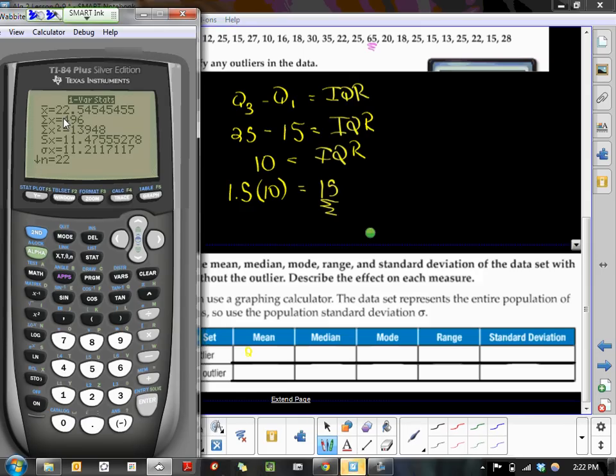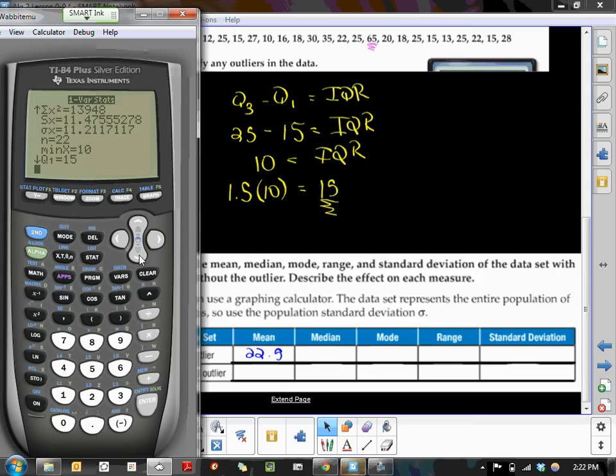I better use a different color. What was the median? So I've got to scroll down and find the median. The median was 21. The mode, the calculator doesn't necessarily tell you the mode, but we can figure out which one occurs the most often here in a second.